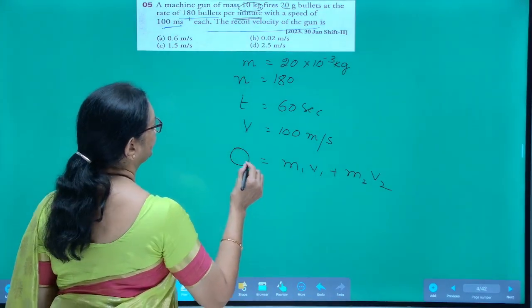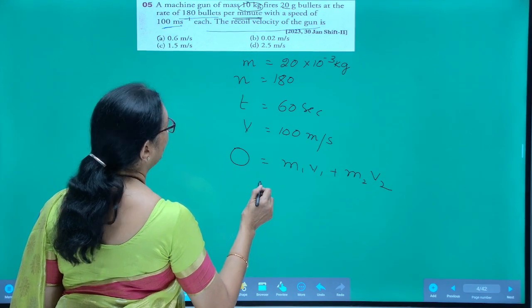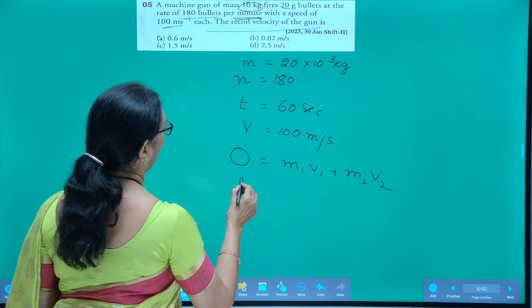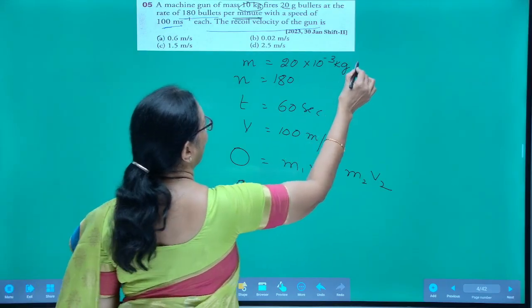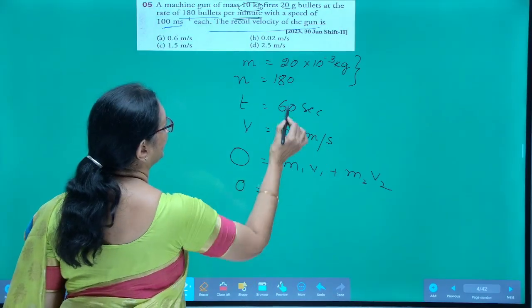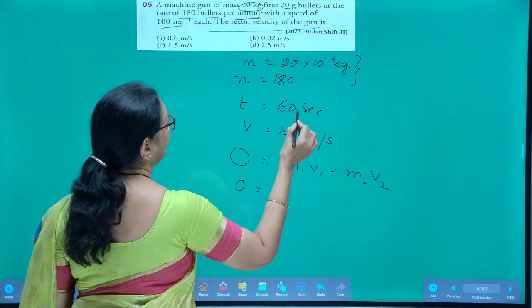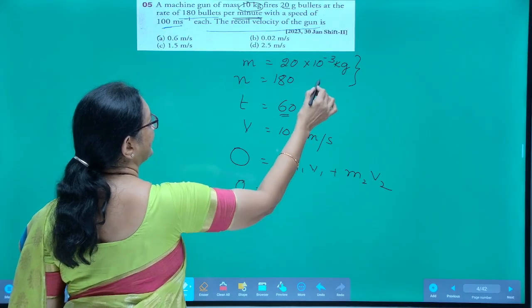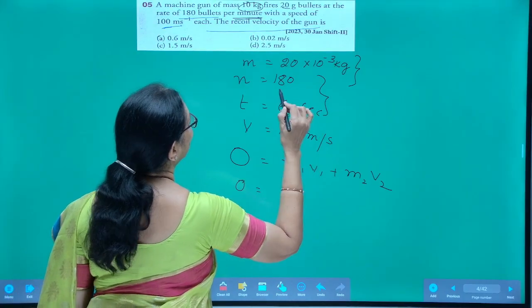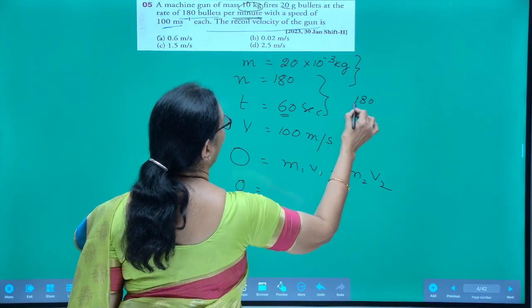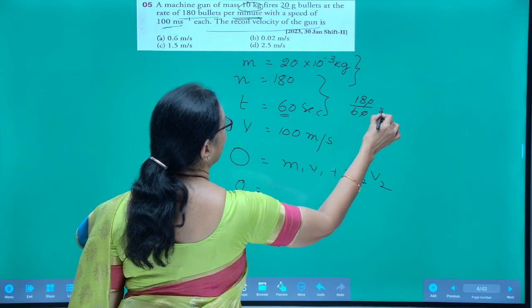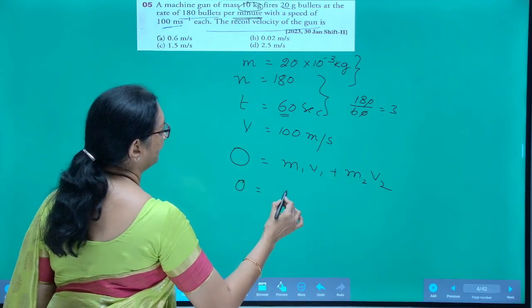So, here, 0 is equal to the total momentum of all the bullets together, m into n. Number of bullets fired per second is 3. So, here it is 180 by 60, that is equal to 3 bullets per second are fired.